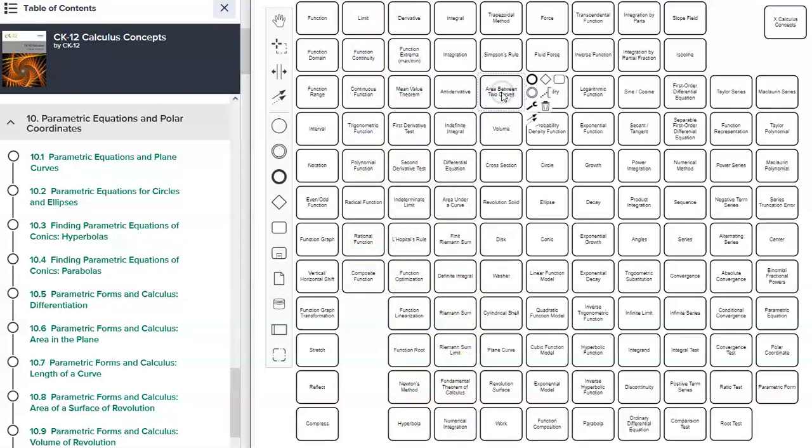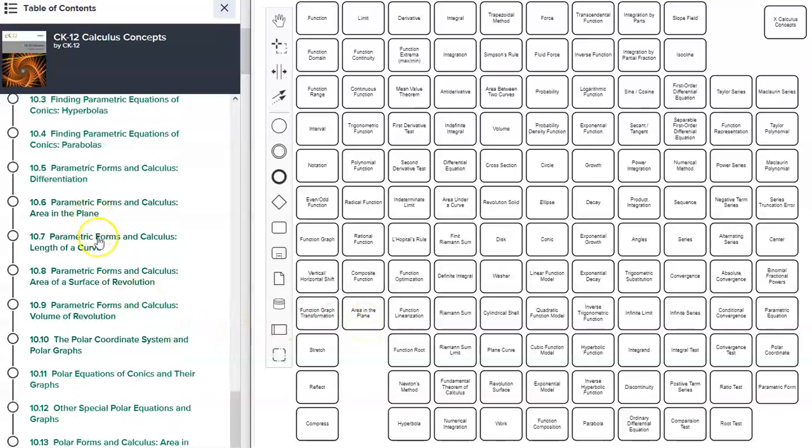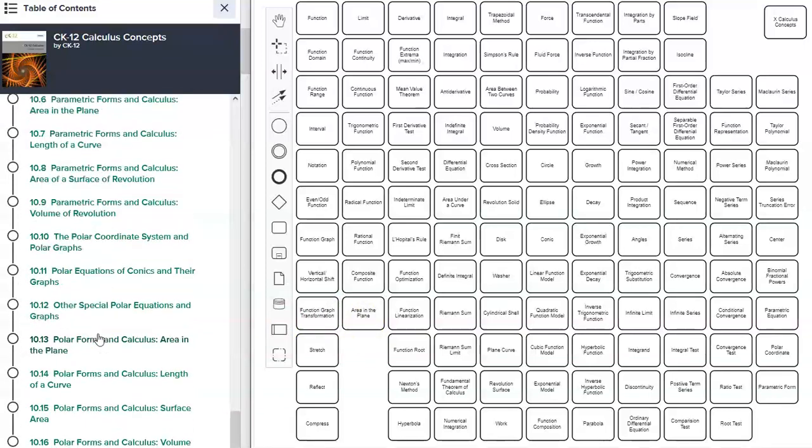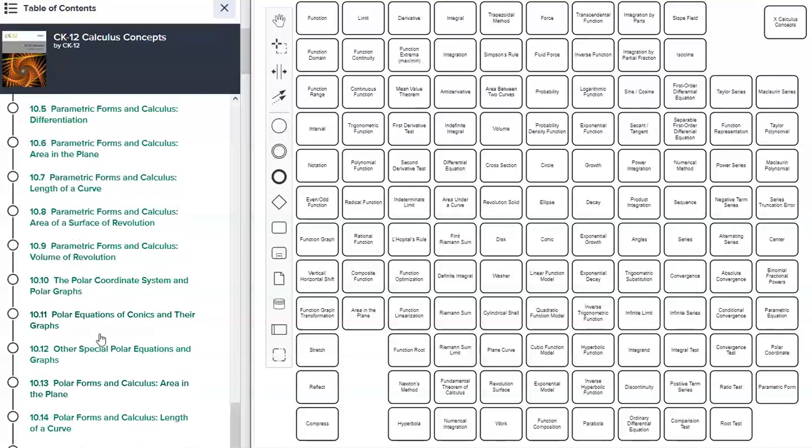Area between two curves, and now we have area in the plane. Sounds important to distinguish that difference here. The length of a curve. There's just a bunch of parametric stuff here. Might have to have a part 3.